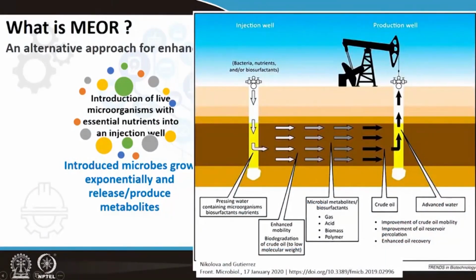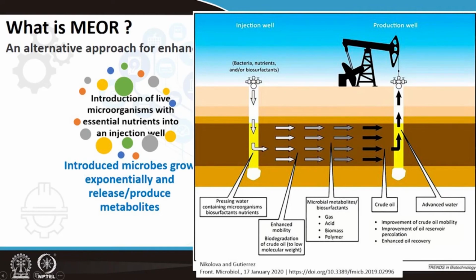So, this picture depicts some of these ideas: how the injection well can be used to inject the bacteria and other nutrients, and sometimes the biosurfactant molecules, and the pressing water along with these allows them to react in the oil reserve zone, and as it moves on, enhanced mobility of the oil molecules takes place.